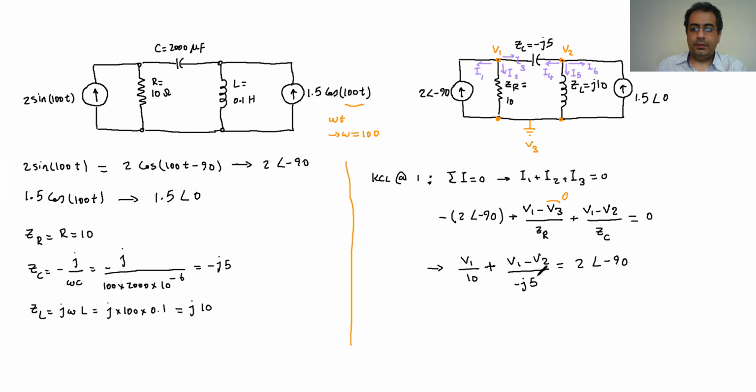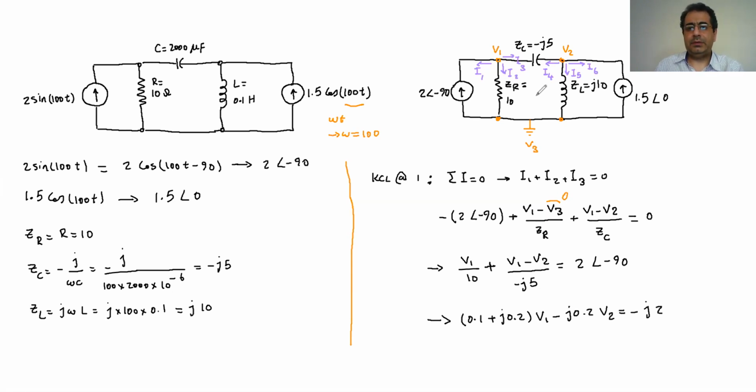If I simplify this equation and do all the calculation, I get 0.1 plus J0.2 V1 minus J0.2 V2 is equal to negative J2.